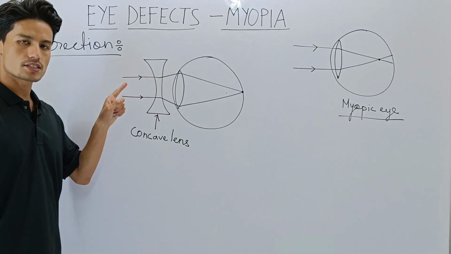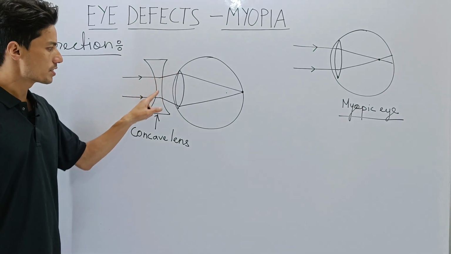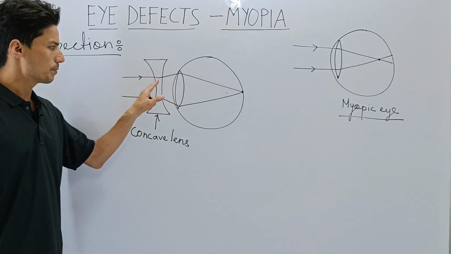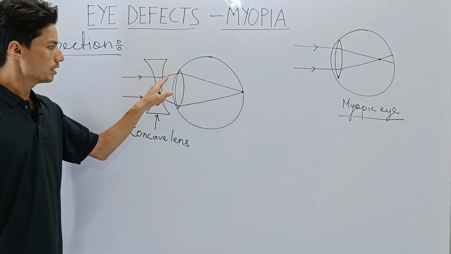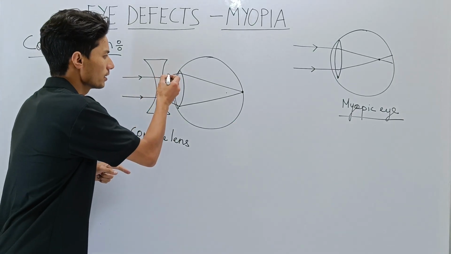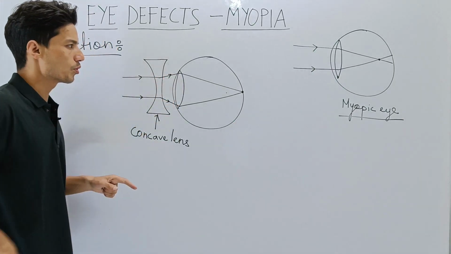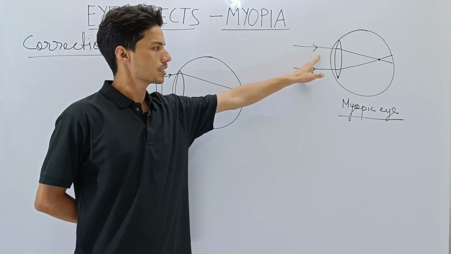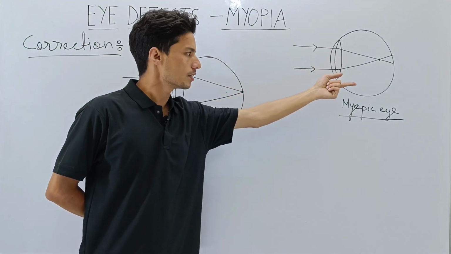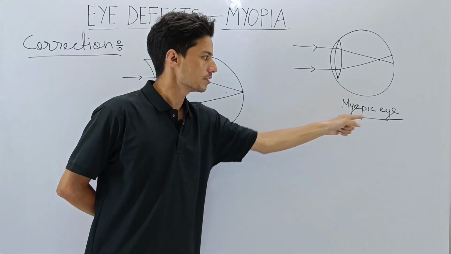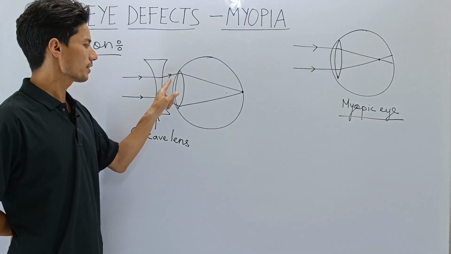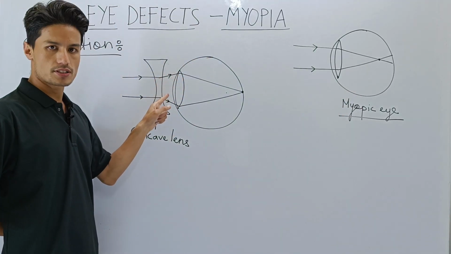What the concave lens does is that it diverges the rays by slight angles, and the ray entering the eye lens is no more parallel light rays, which was the case previously. Now the ray entering the eye lens is diverging light rays.